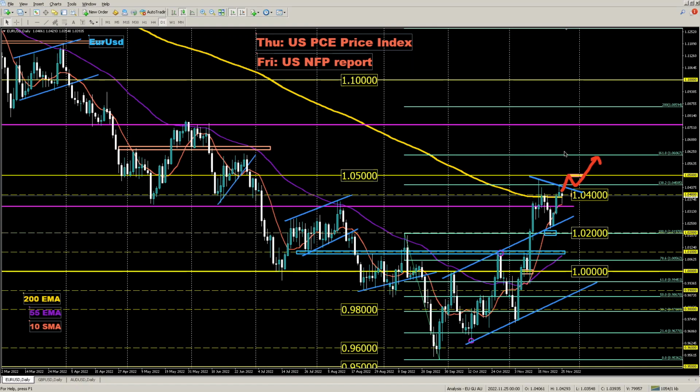So it depends on the US dollar index dropping lower. Otherwise, it's going to dip lower and consolidate within the triangle for the week.